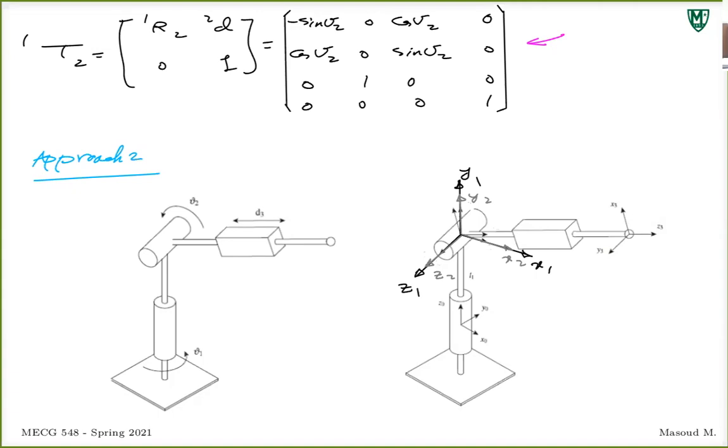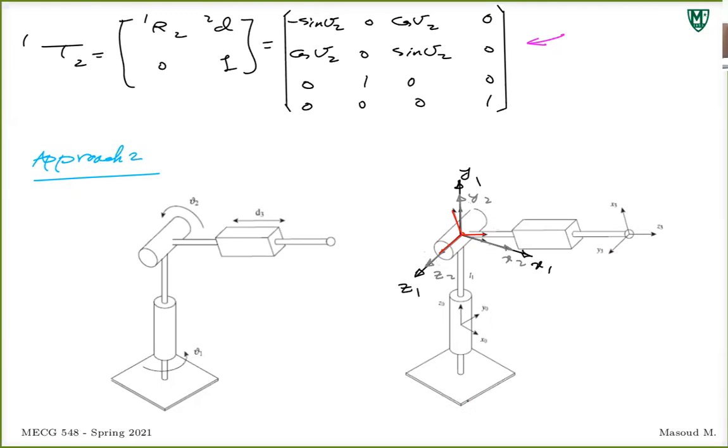So we have x1, y1, z1, and we start with x2, y2, z2. You know where it is. I'm not going to put it there to make it confusing. We start with x2, y2, z2 aligned with x1, y1, z1, right? And we want to get into these axes, this one and this one.